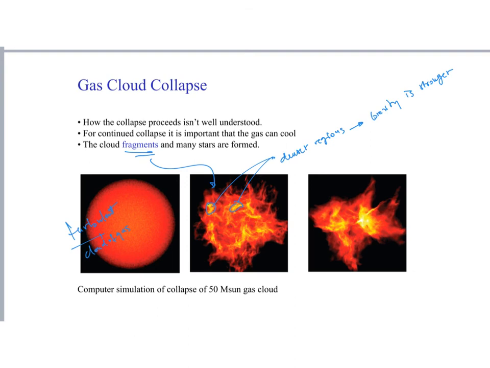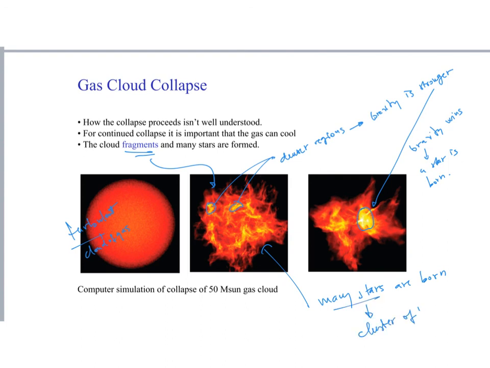Basically, it's going to collapse. All that big cloud is going to fragment into many smaller lumps of matter, and you see that in those bright yellow regions. And stronger gravity wins. A star is born. Actually, many stars are born. A cluster of stars is born.